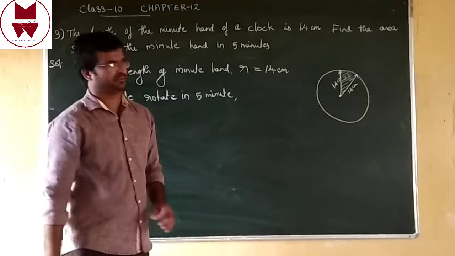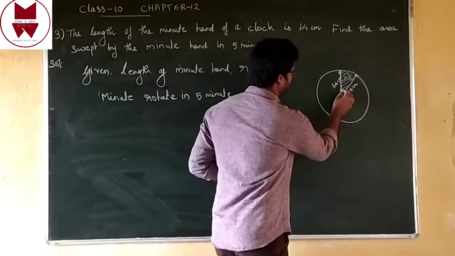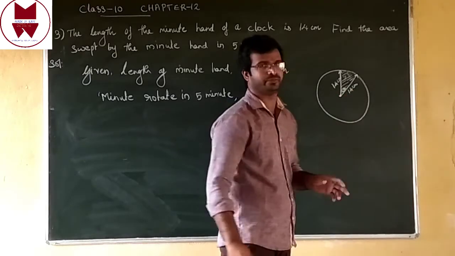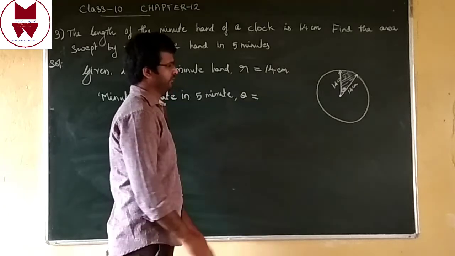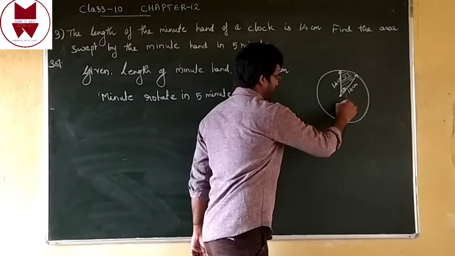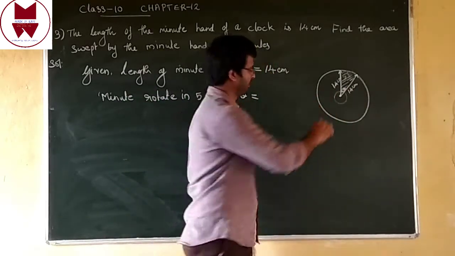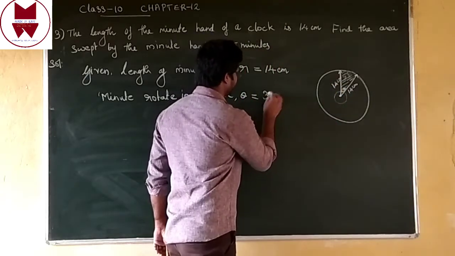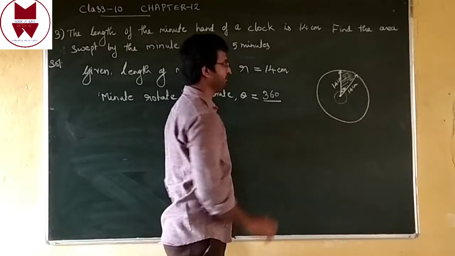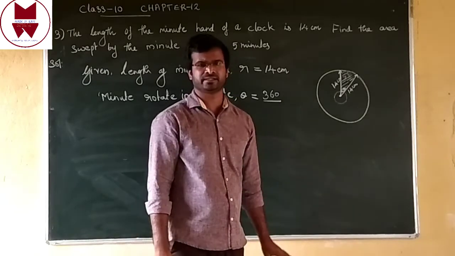In 5 minutes, the minute hand, how much angle will it make? This angle, how much? We have to find out. That is theta angle, we don't know how much. Then first, if you consider the circle, total angle how much? Angle of a circle 360 total, 360 degree, divided by, in 1 hour, how many minutes are there?